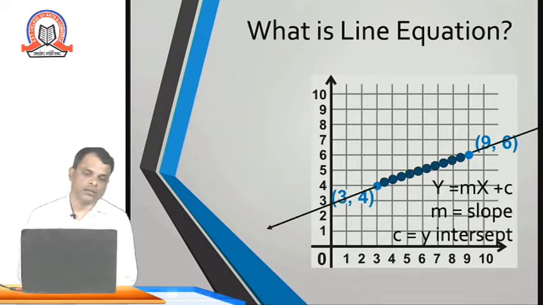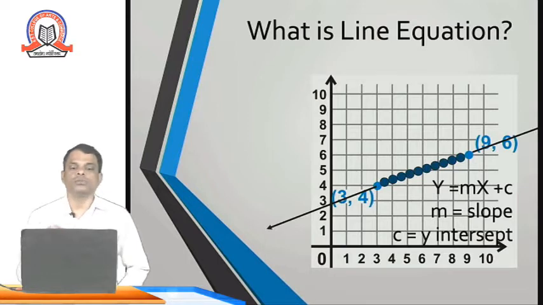If I extend that segment 3, 4, the line will intersect your y-axis at 3. This intersection, the y-intercept, is called c. In the line equation y is equal to mx plus c, m is the slope and c is the y-intercept. In this diagram you can see that for this line the y-intercept is 3.